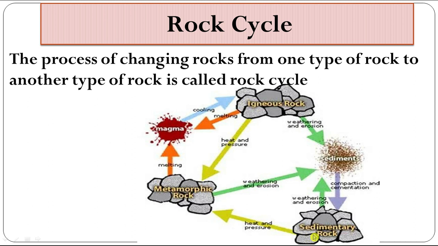And these sedimentary rocks again, due to intense heat and pressure, may get converted into metamorphic rock, and from metamorphic rocks another type of rocks may be formed which we call igneous rocks. So this is the cycle of rocks by which they get converted from one type to another.